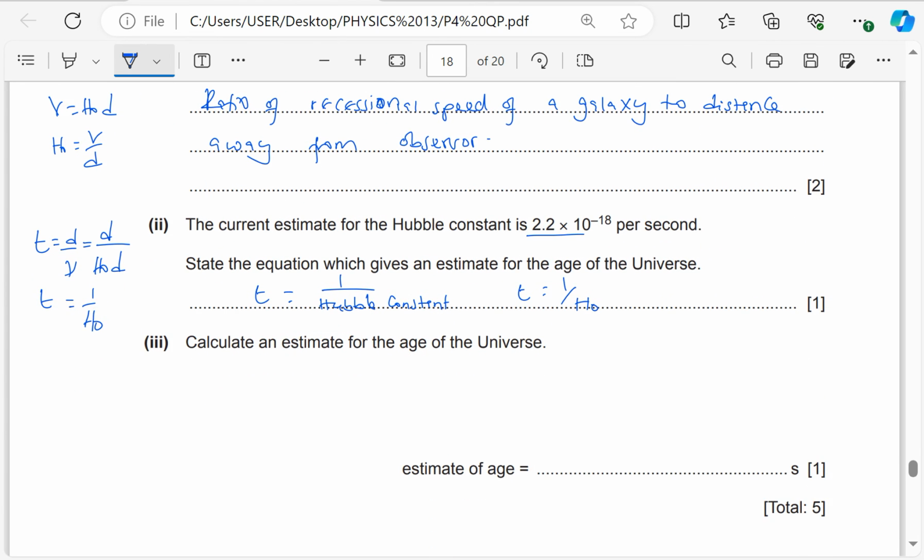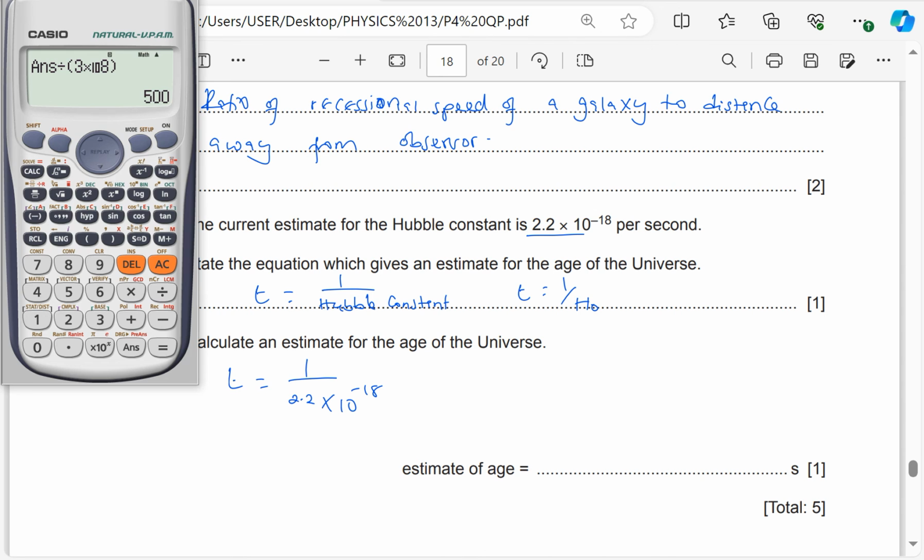Then calculate an estimate for the age of the universe. So I've already said t is equal to 1 over 2.2 times 10 to the power of minus 18. 1 divided by 2.2 exponent minus 18.